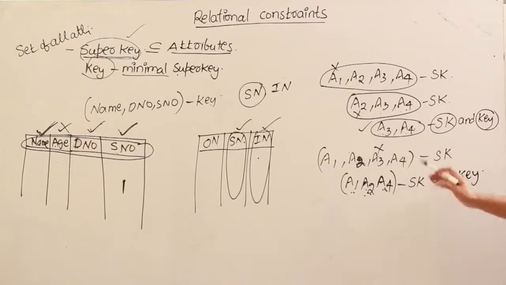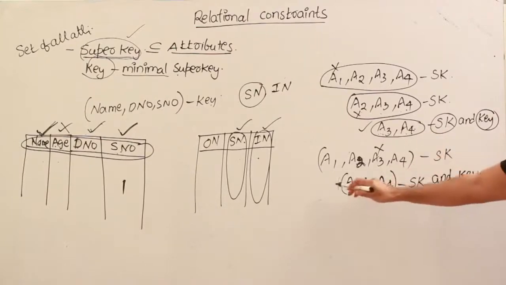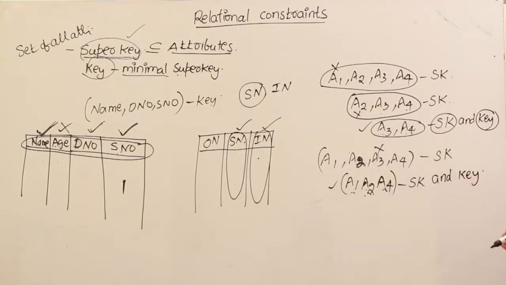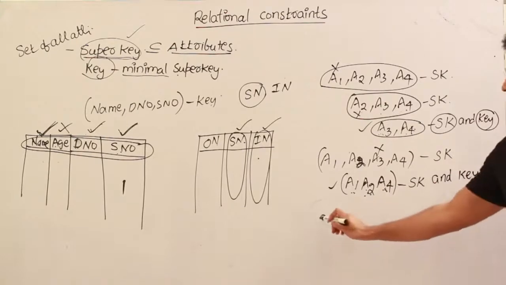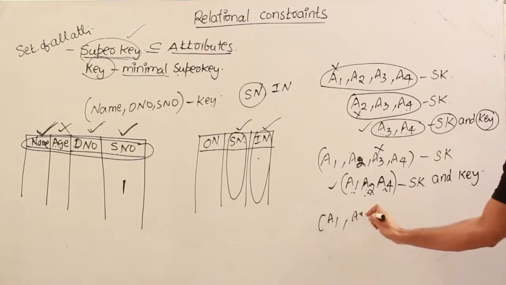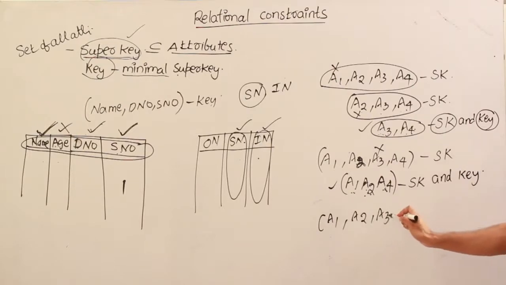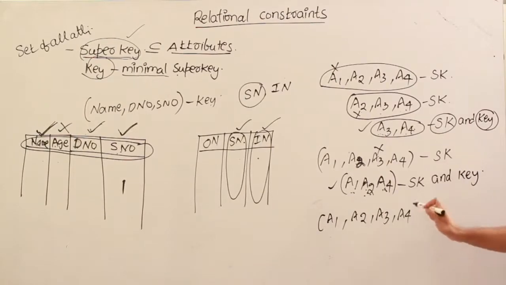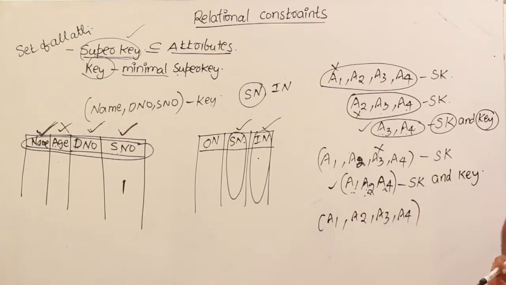Then what can we say about it? And let us say there is one more, A1, A2, A3, A4, the entire thing. Okay, let's stop here. If I have to form one more, it is not possible. Any single attribute is also not possible.